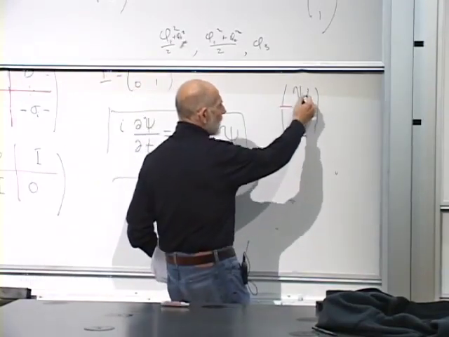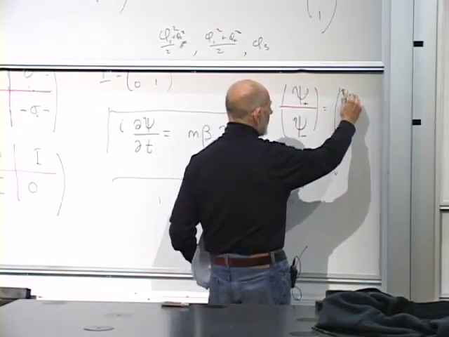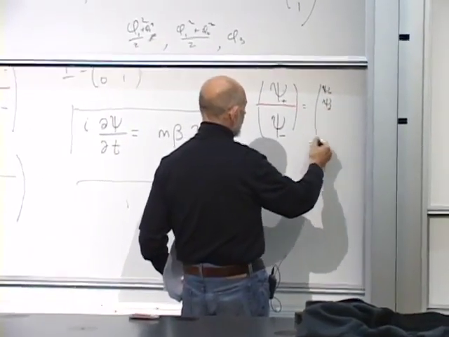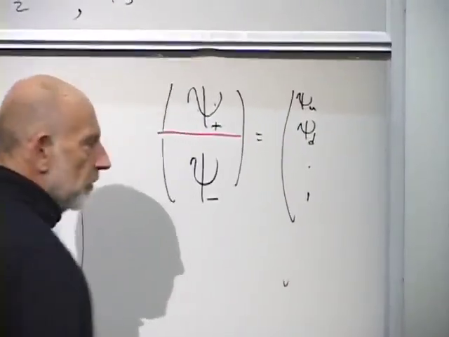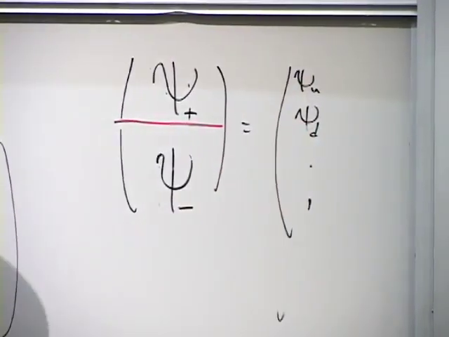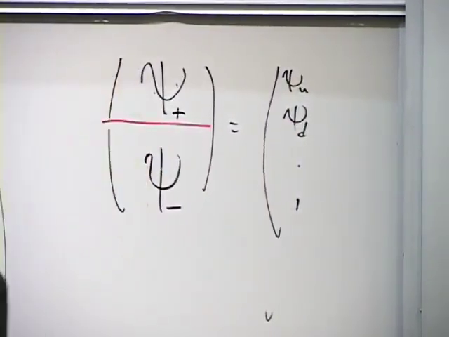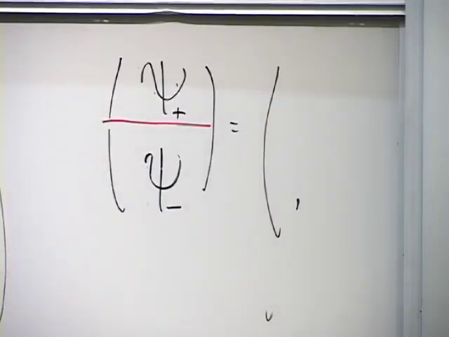We're just writing the column vector in a notation which is similar to the way I divided up matrices.